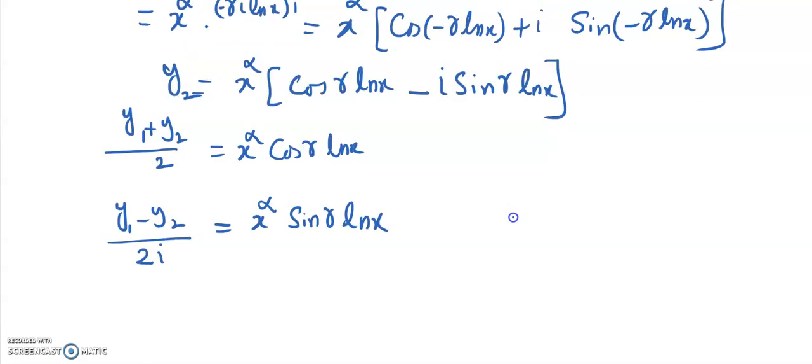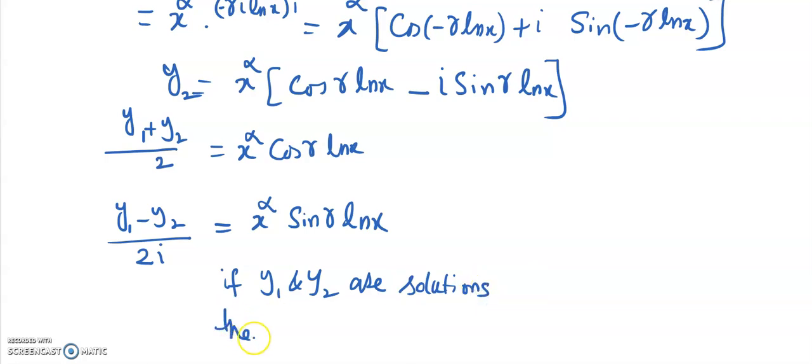Now what we can see is that y1 and y2 are solutions of the original equation. If y1 and y2 are solutions of the given equation, then from the principle of superposition, because y1 and y2 are independent solutions, the linear combination will also be a solution.